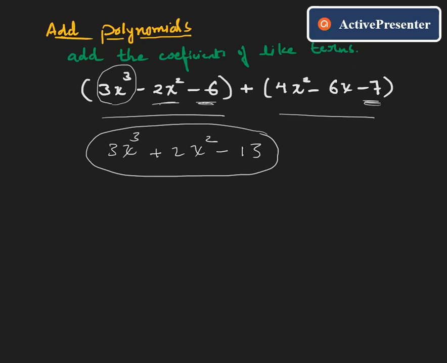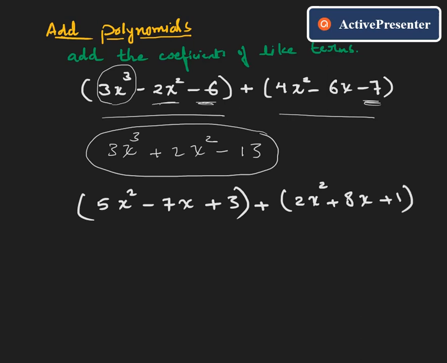Let's take another example. If I say 5x squared minus 7x plus 3, and you add it to 2x squared plus 8x plus 1, how do we add these two polynomials?